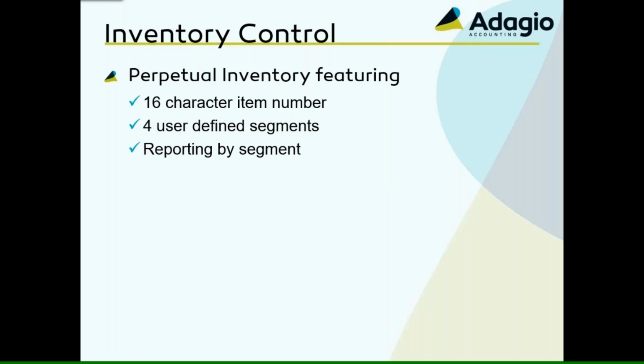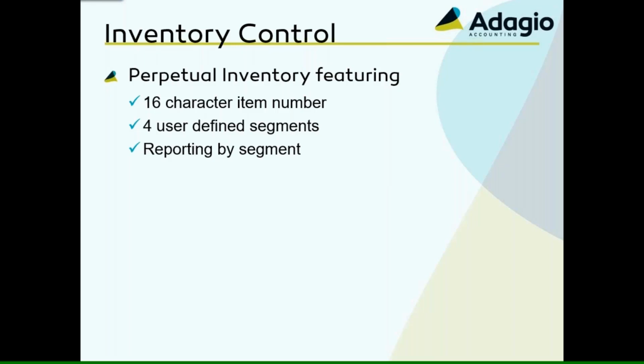Now, there's flexibility in the way item numbers are structured. You can have up to 16 characters in the item number and up to 4 user-defined segments with a different name for each segment. And almost all of the reports in inventory can be sliced by segment. So you can do an inventory valuation report by a segment in the item number. You can do a slow-moving item report by segment.